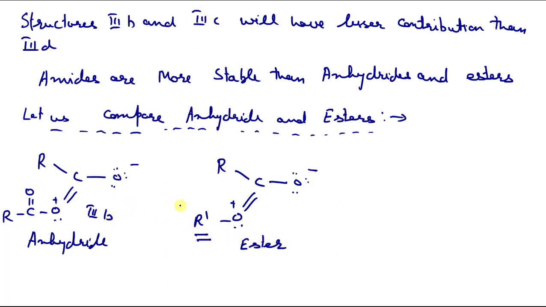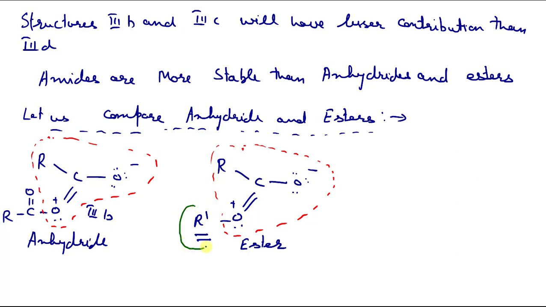Now we can see that in case of esters and anhydrides, up to here it is the same. The difference arises from here. In case of esters, it is the alkyl group that is immediately attached to oxygen.